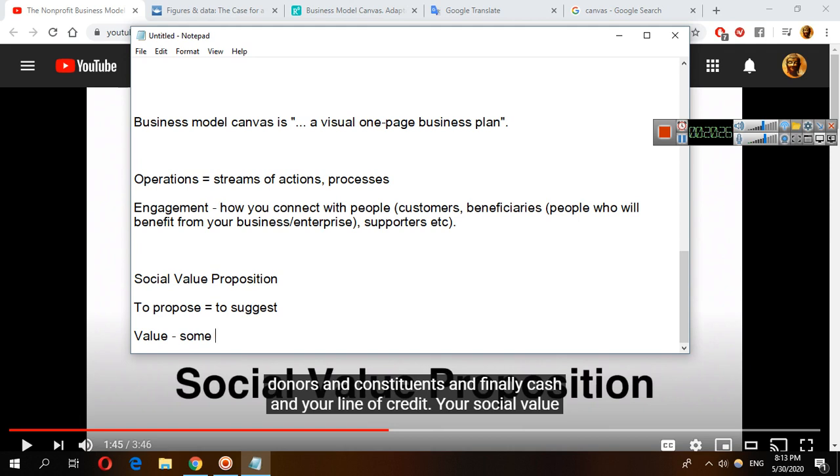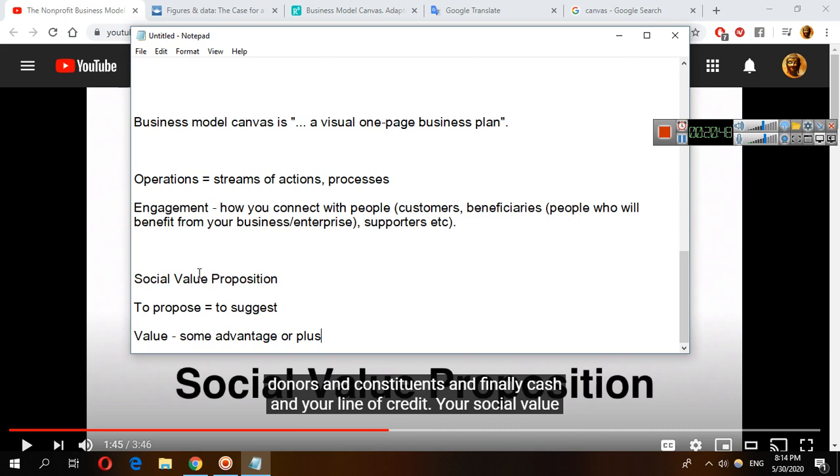This is a hard one. Advantage or plus. Right, yeah. So value, we can define it as some advantage or some plus, something which is more than what exists now.